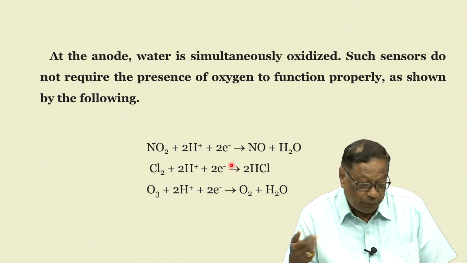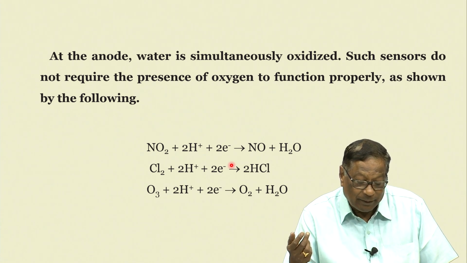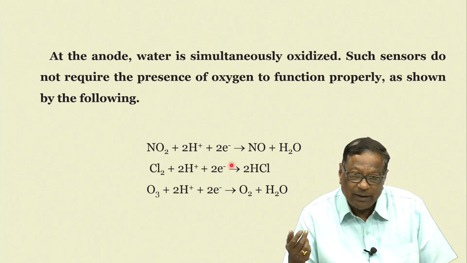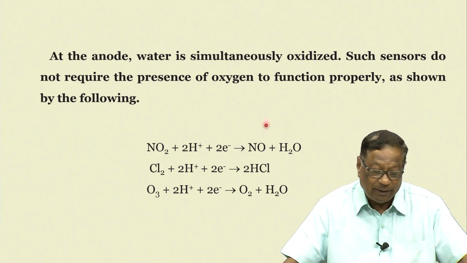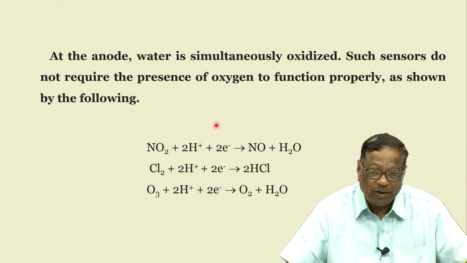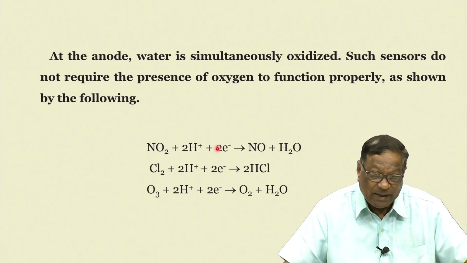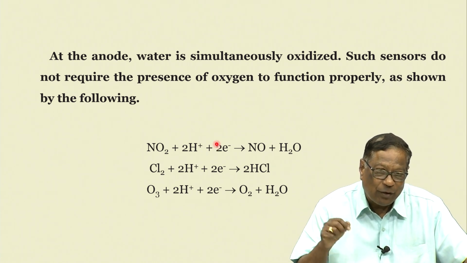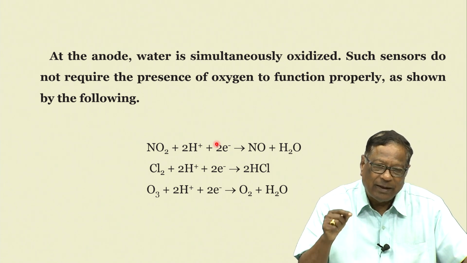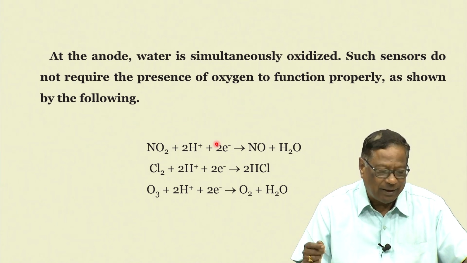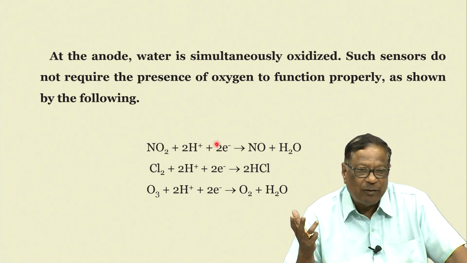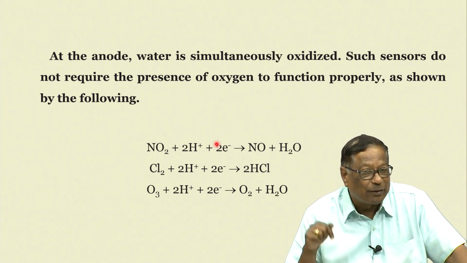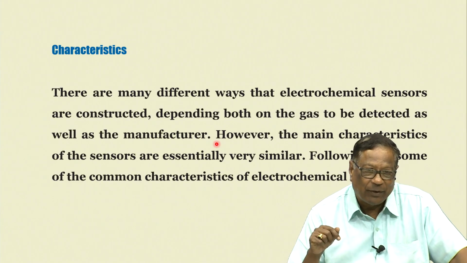So, we can try ozone, write typical reactions, and then we get water and oxygen. Very simple basic reactions, and one does not have to know a lot of chemistry to imagine these reactions occurring at the electrode, either at the anode or at the cathode, depending upon the type of species that is produced in the electrolyte. Okay.